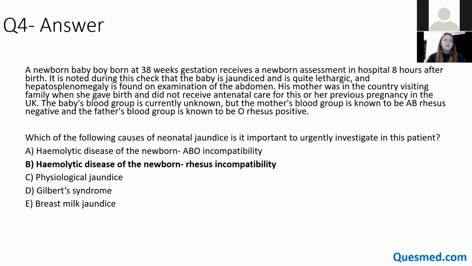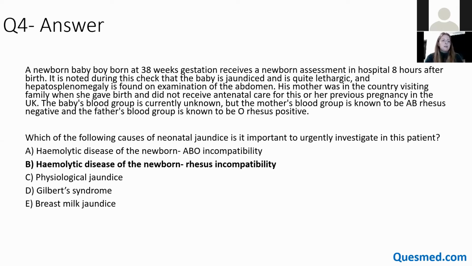She is, however, rhesus negative, and the father is rhesus positive. We don't know the baby's blood group, but the baby could also be rhesus positive. Given that the mum didn't receive her antenatal care in the UK, she might not have received anti-D. So hemolytic disease of the newborn with rhesus incompatibility could be going on here.